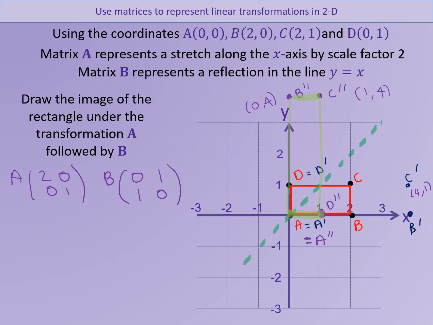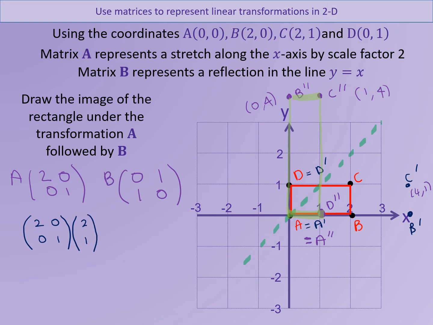Now if we think about this process, how would we have transformed each of those original coordinates? If we applied matrix A first, we would have had to have done (2, 0, 0, 1) multiplied by each of the coordinates. So let's, for example, take C. So C has coordinates of (2, 1).